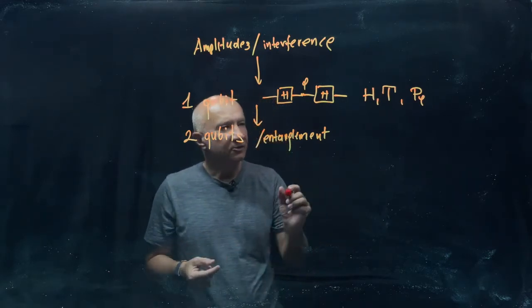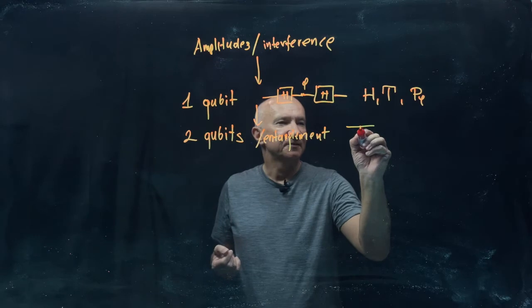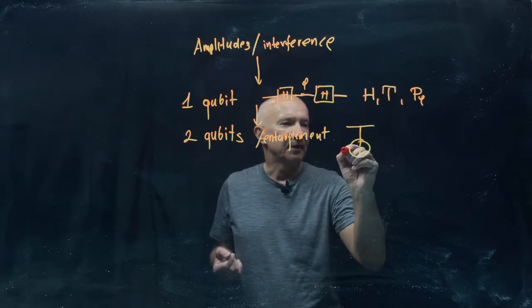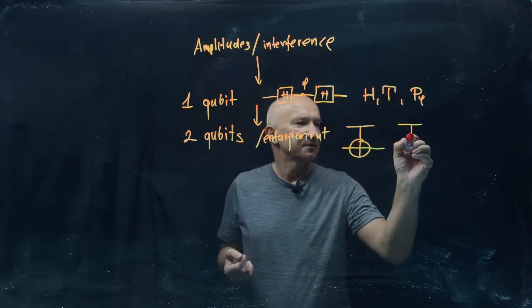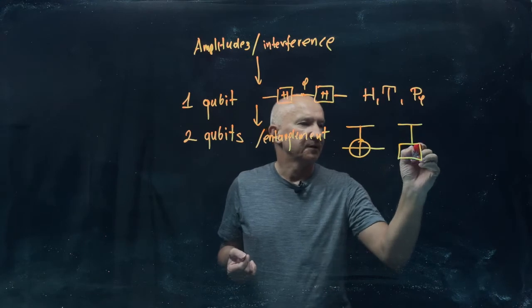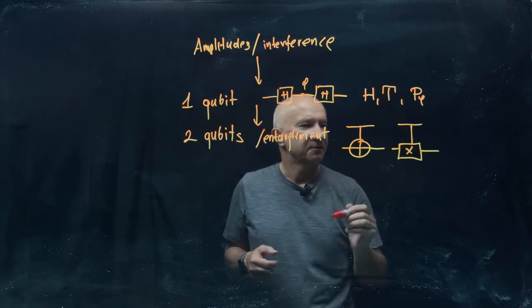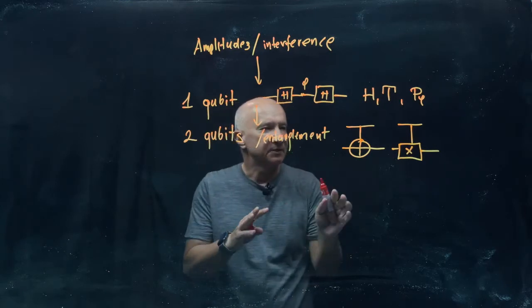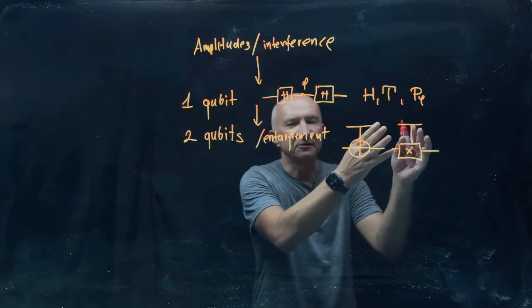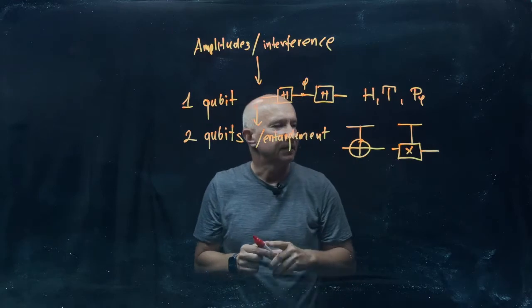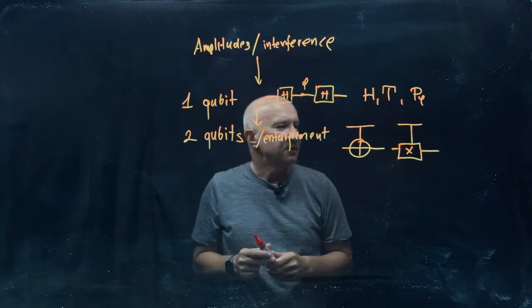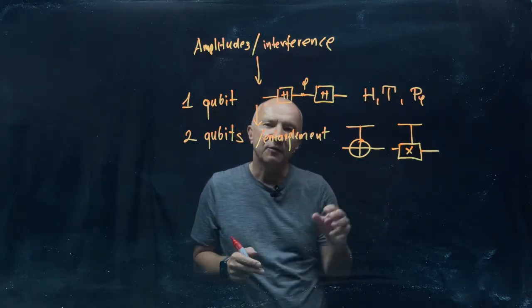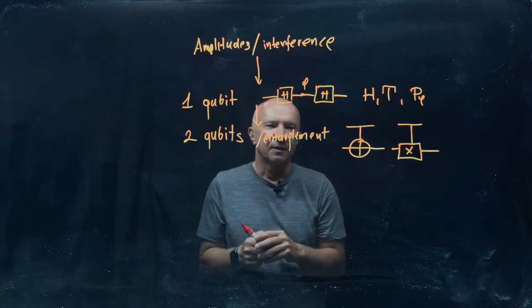And our all-time favorite gate here is the control NOT gate. Sometimes we write it like this, and sometimes we write it like this, because we recognize that this gate, you know, comes under different names. It comes as a control NOT. We call it a controlled bit flip gate. We also call it the measurement gate.